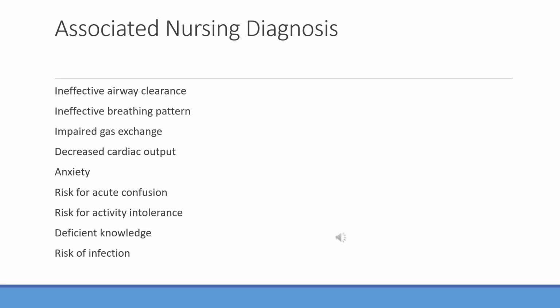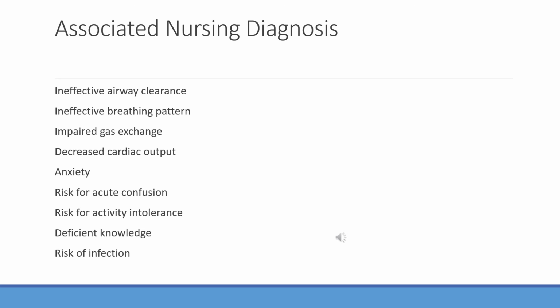And any kind of mental status changes or anxiety, risk for acute confusion or risk for activity intolerance, because they have that lack of oxygen to the major organs and tissues, okay? And the risk of infection is mainly because if they are put on a mechanical ventilator, that's a source of infection even to the lungs.